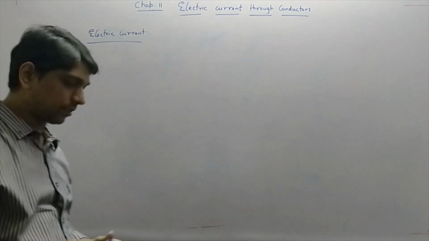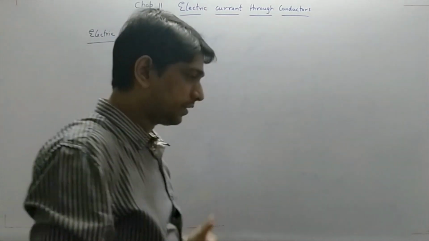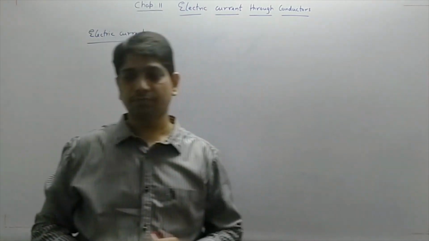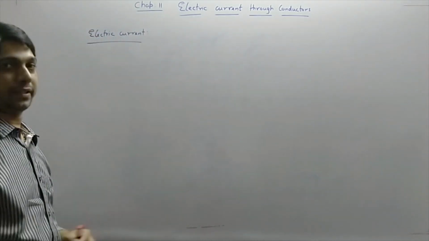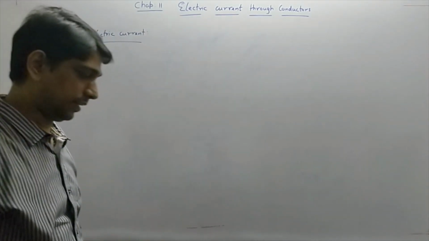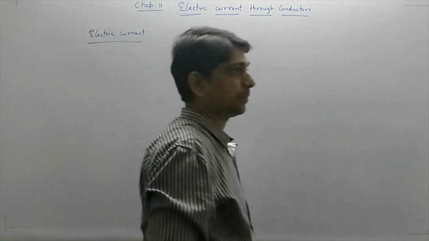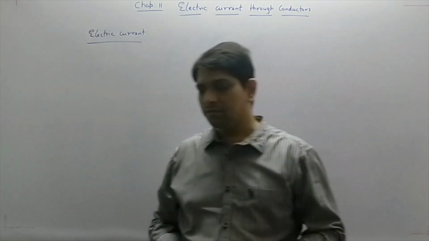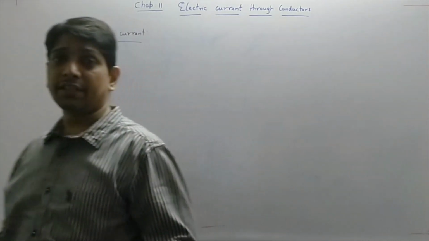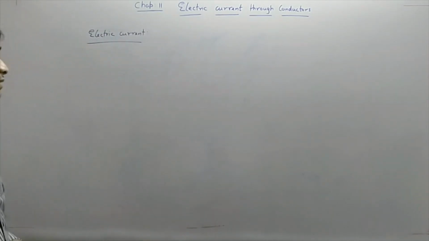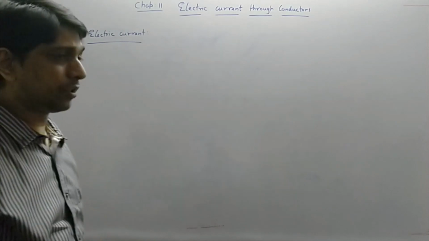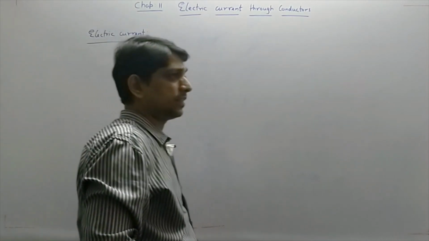Electric current we can get due to positively charged particles or negatively charged particles; it can be due to either. Now in the case of a gas, we can get current due to both positively charged and negatively charged particles.